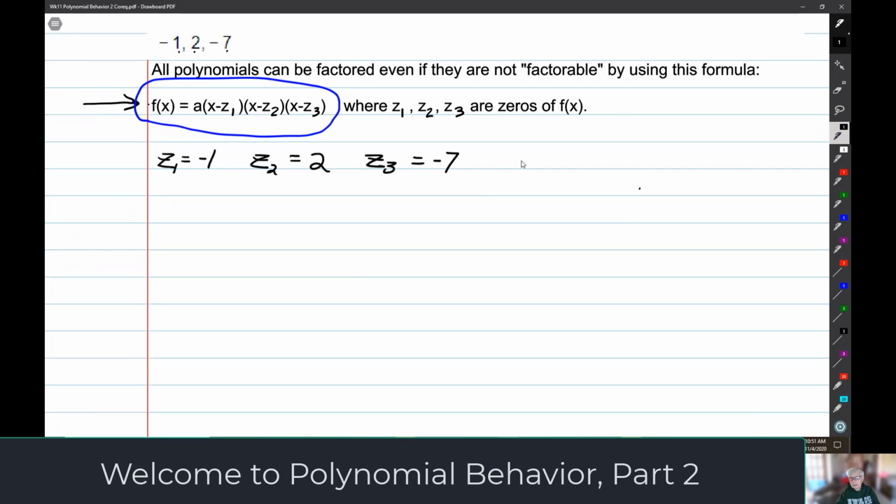Now A is going to be the leading coefficient of the polynomial. We're not told what it is here, so we're going to assume it's 1.